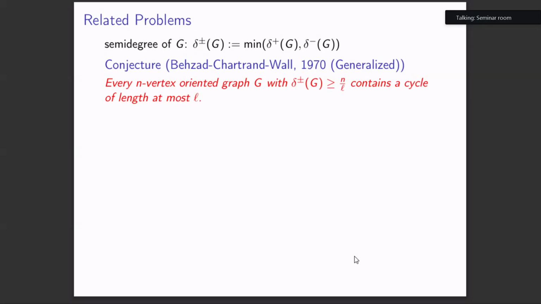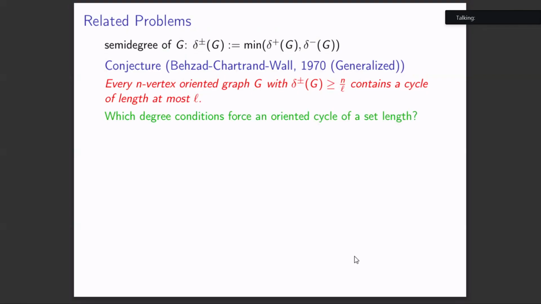You may notice that the year here is earlier, but they only formulated the hypothesis for a specific class of graphs. The generalization came later, but it is simply the Grzesik conjecture with semidegree instead of outdegree. And it's of course still very open. It's a very hard problem.